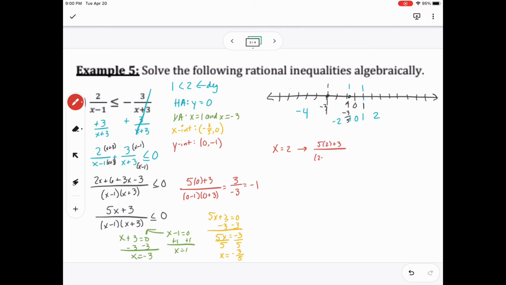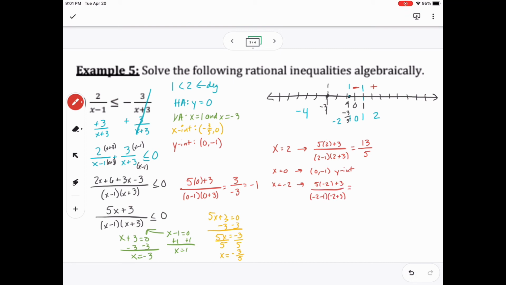So plugging in 2. Now here, remember that I'm just looking for whether they're going to equal positive or negative, because that's what our inequality is trying to figure out, if they're above or below the x-axis. So I'm just going to put a plus sign above in the section. So for 2, I got 13/5, so it's positive.